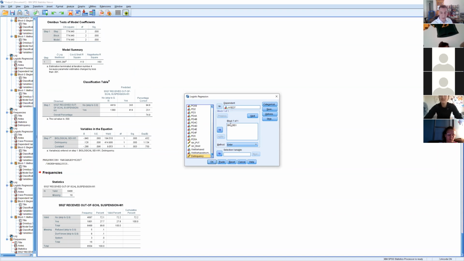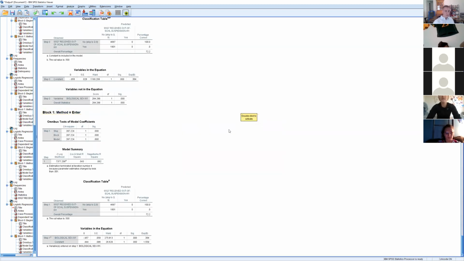That's the suspension as a dependent variable, and biosex as an independent variable. Now, there's lots of other options here, like there usually is within the regression procedures, but we just need to leave it the simple way, just with this where it says block 1 of 1. We don't need to mess with anything else. That's just where you put the independent variables in.